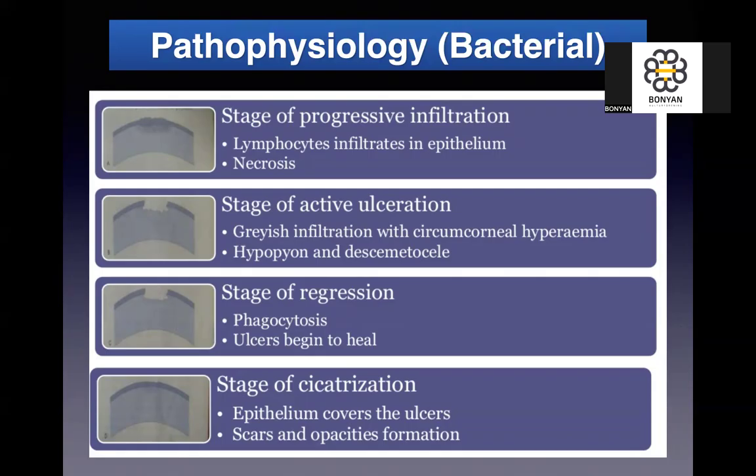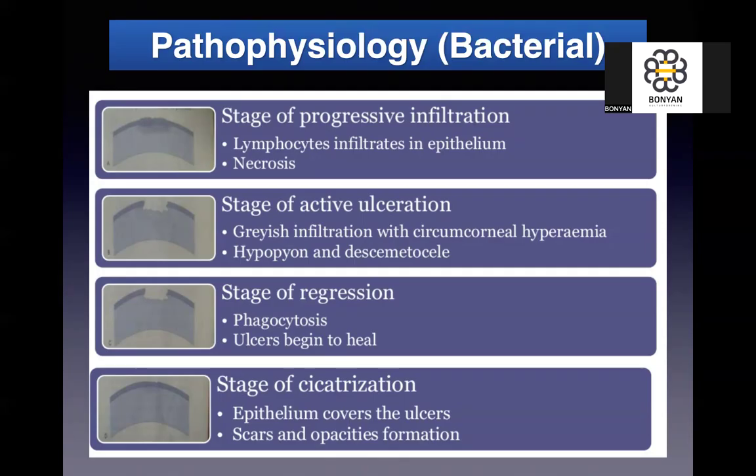Hypopyon is an accumulation of pus cells and other inflammatory cells in the anterior chamber, which may be combined with the organism itself, so it's called infective hypopyon or non-sterile hypopyon.